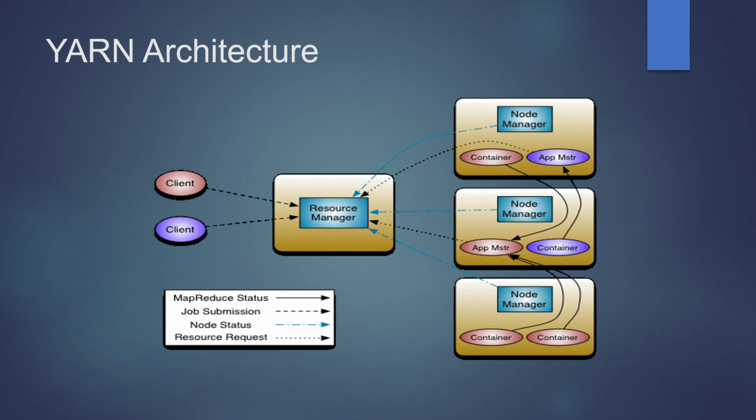One could be from MapReduce and another could be from Spark. So each application master has its own containers. This application master has 3 containers, 1, 2, 3, and this application master has 1 container.